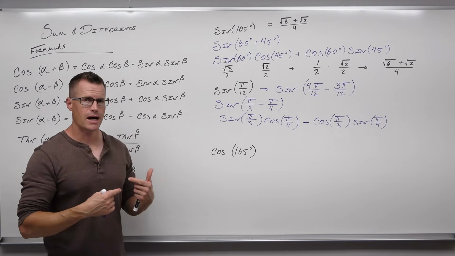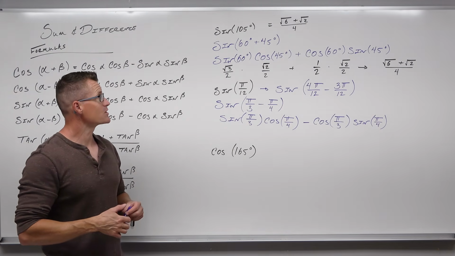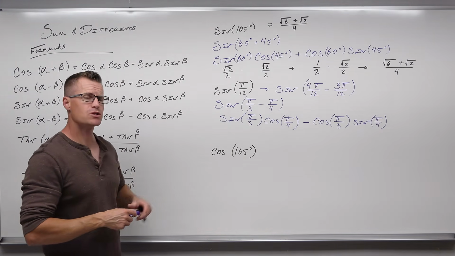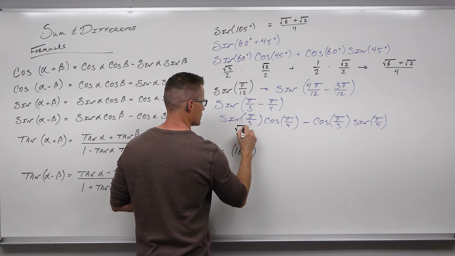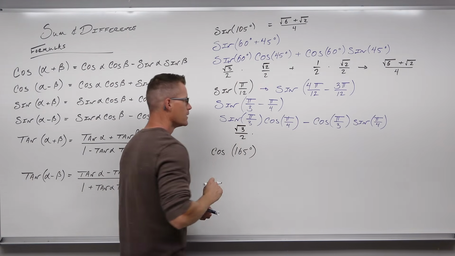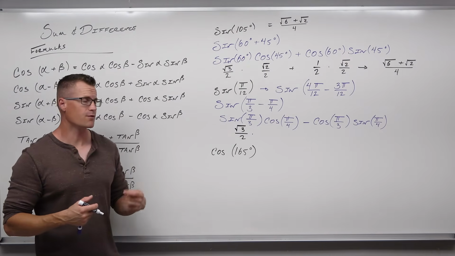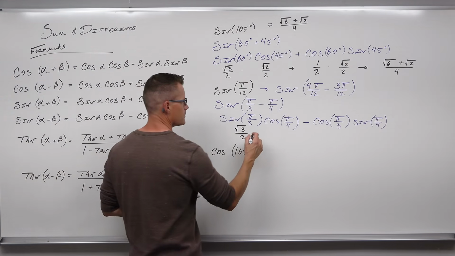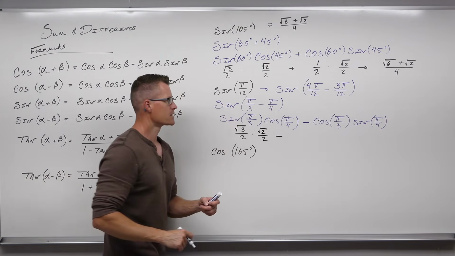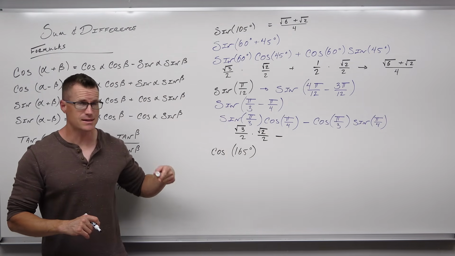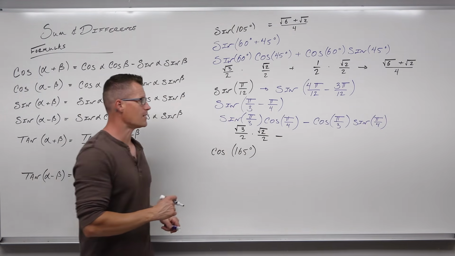So when we find sine of pi over 3, that's actually the same thing as 60 degrees. So that's going to be square root 3 over 2. Cosine pi over 4 is the same thing as 45 degrees. That's square root 2 over 2. Minus cosine of pi over 3, that's the same thing as 60 degrees, so that's going to be 1/2.